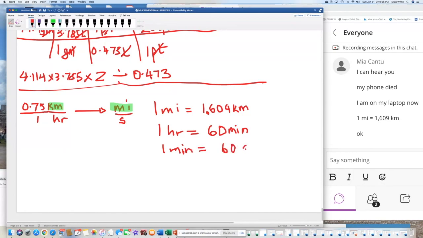So that actually works. So for hours, we're not going directly to seconds. We're going from hour to minutes to seconds. Okay, so hour to minute to second. But the top part, we go directly from kilometers to miles in one conversion. Okay, that's our plan. So I'm going to write this out.